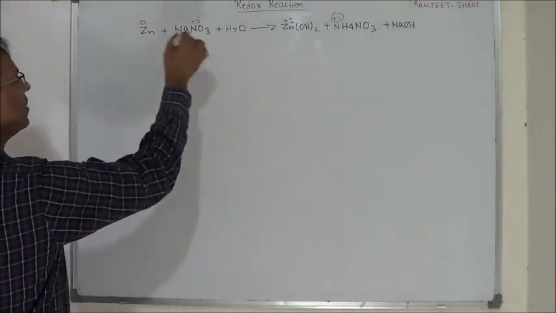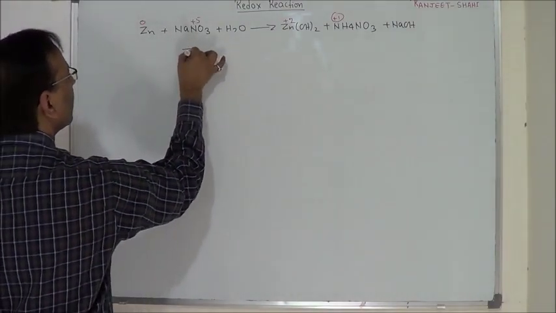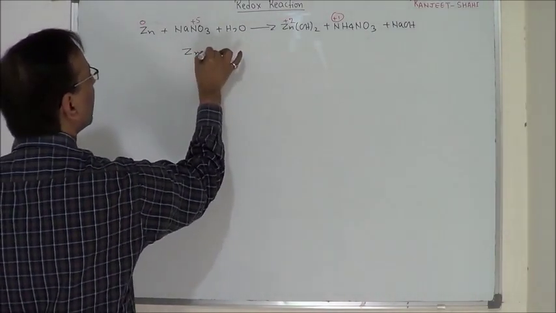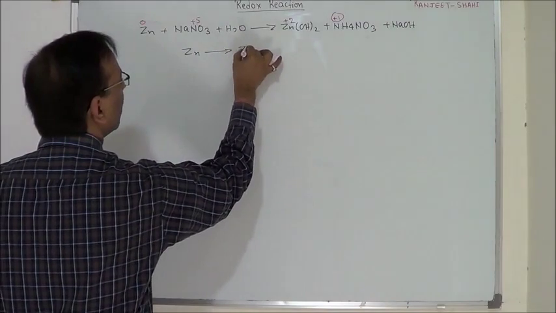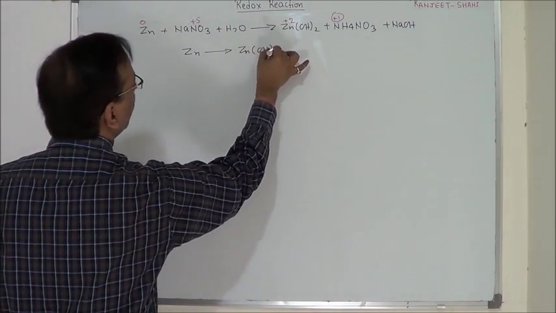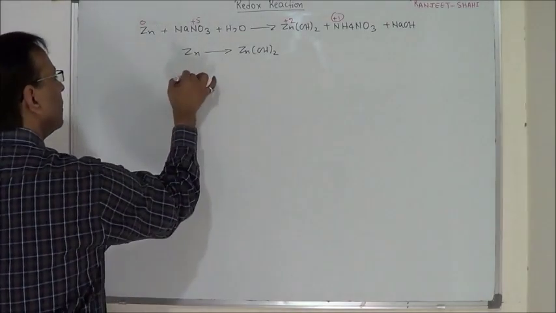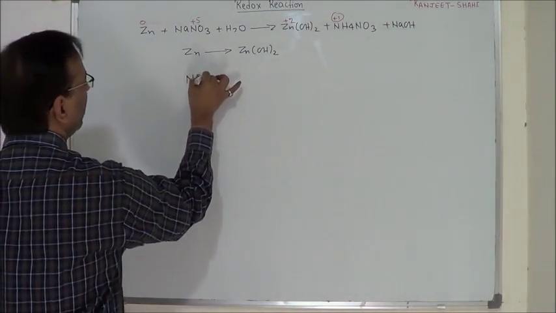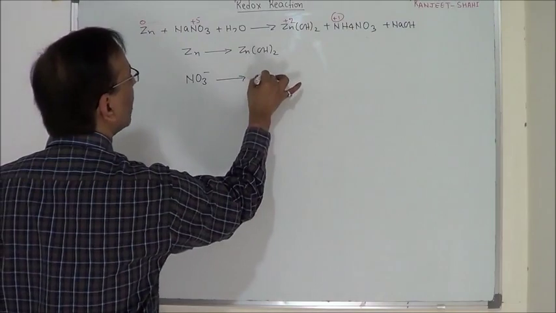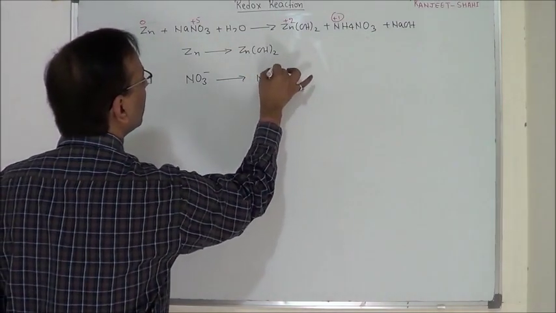So zinc is giving Zn(OH)2, and let us take nitrate only. Nitrate is giving ammonium ion only.